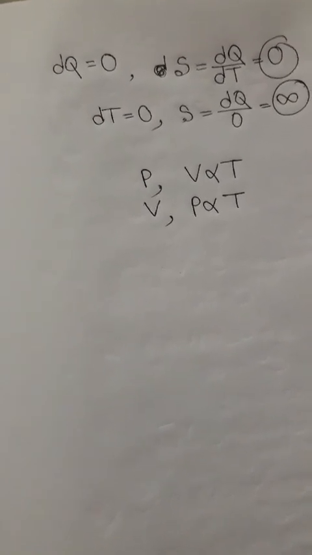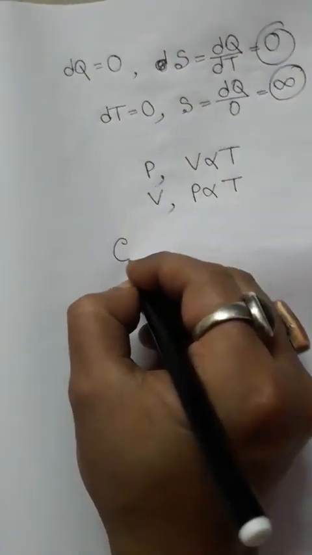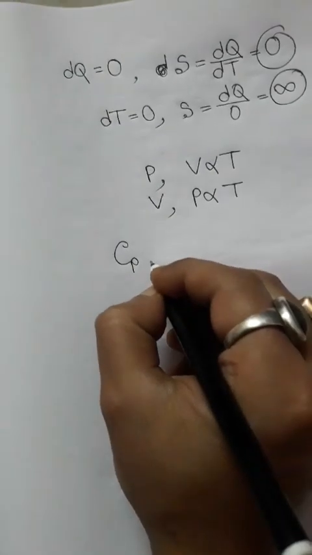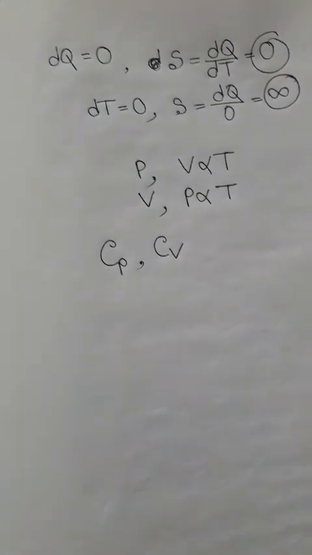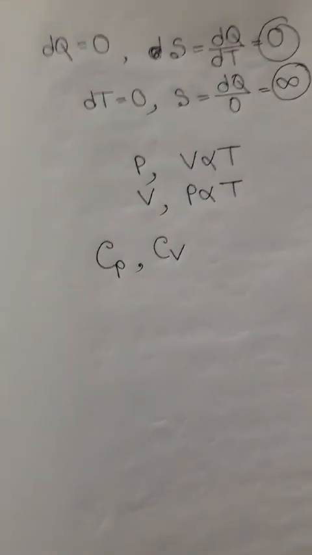And if we consider 1 mole of gas, then it is called molar specific heat at constant pressure, that is Cp, and the other is molar specific heat at constant volume, that is Cv. So what will be the definition for 1 mole gas?